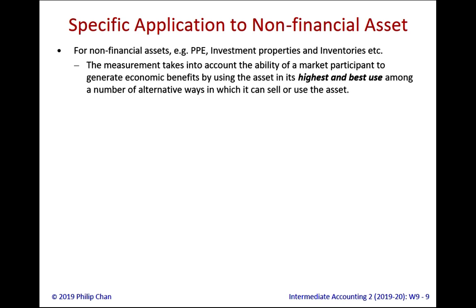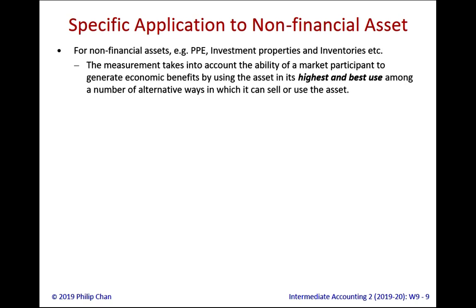Now, for those items, the measurement takes into account the ability of market participants to generate economic benefits by using the asset in its highest and best use, among a number of alternative ways in which it can sell or use the assets.